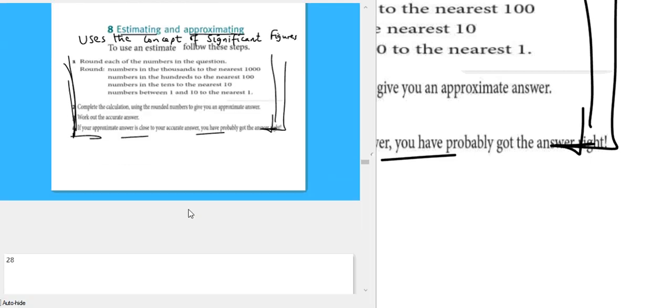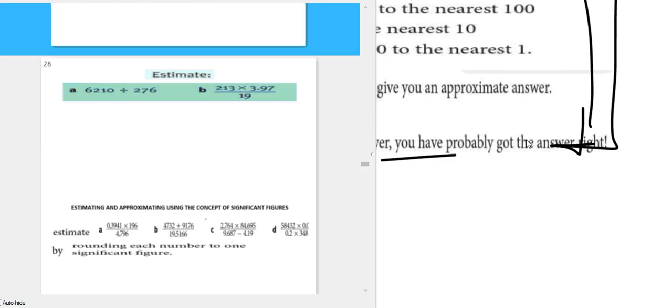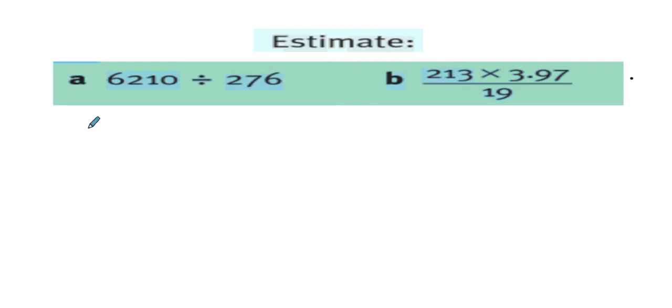Okay. Somebody can ask you this question. Can you estimate this calculation? 6210 divided by 276. Estimate or approximate this calculation.